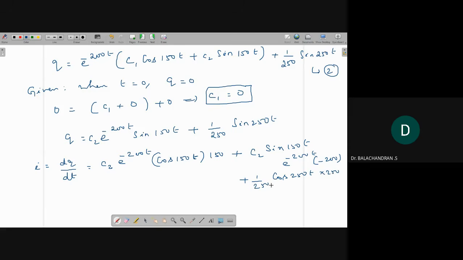So 250 gets cancelled. I call this equation number 3. I'm not going to simplify this.